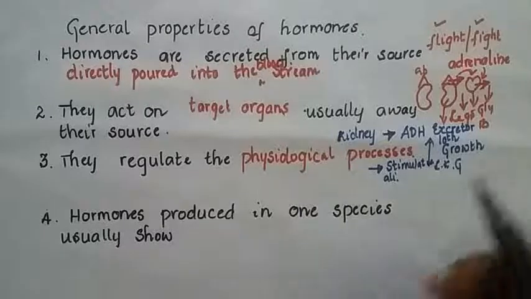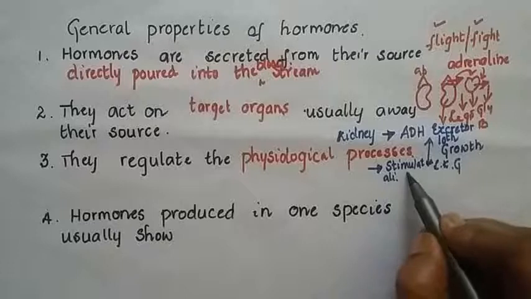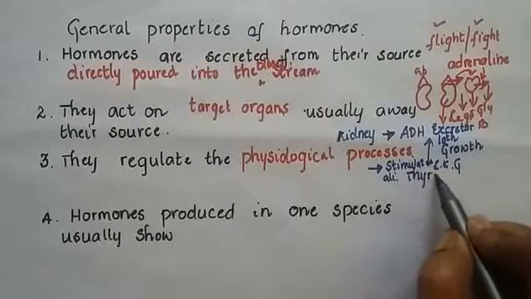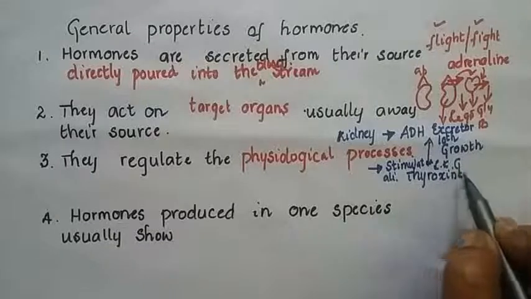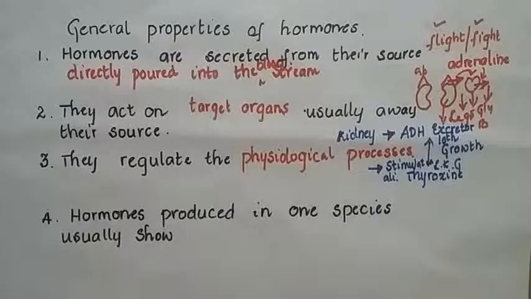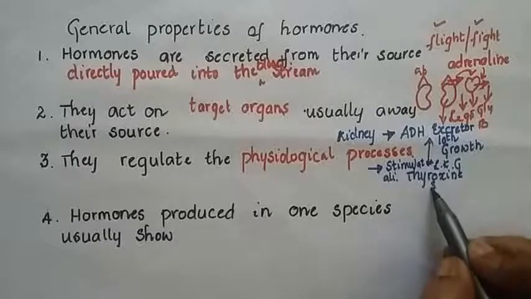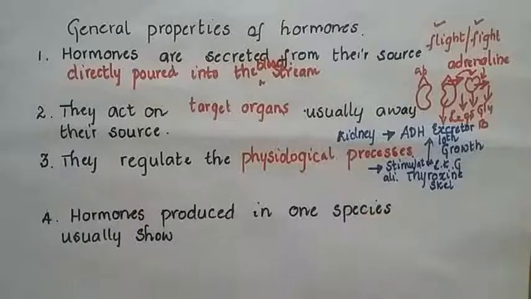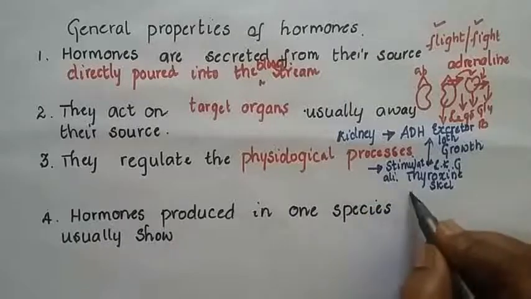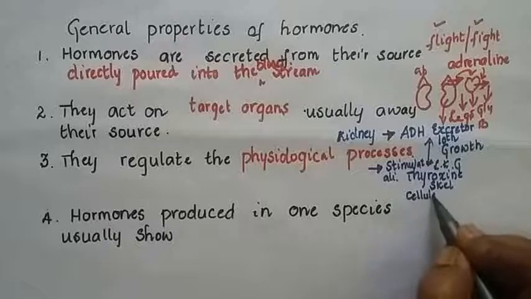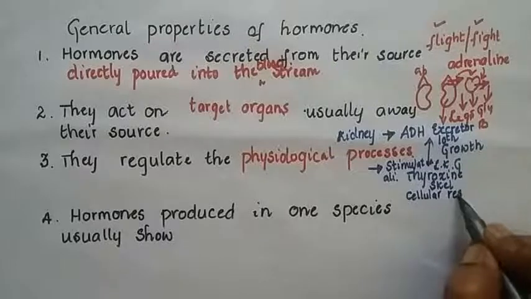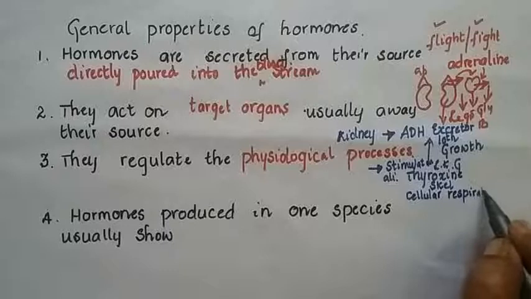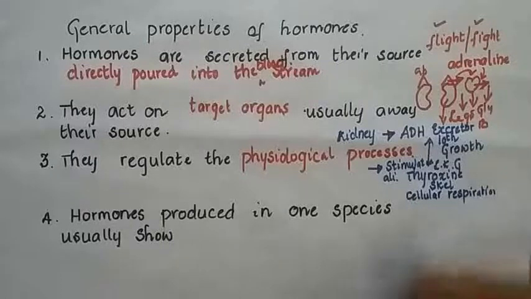Right, children? Just now I said that the thyroid gland secretes thyroxine, which helps in the growth of our bones. So even our skeletal system is controlled by certain hormones. Thyroxine also helps in cellular respiration, so the cells take up respiration, due to which there is a liberation of heat energy.